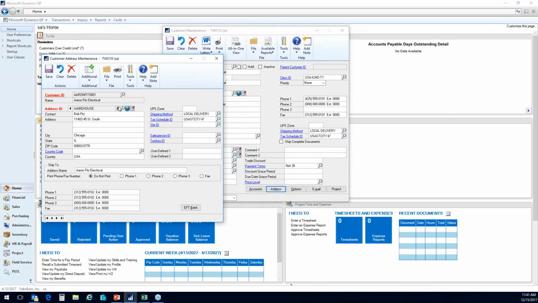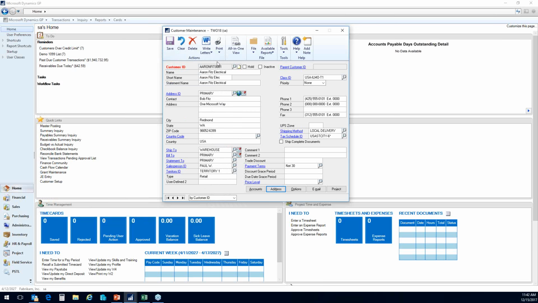Some customers have multiple addresses, so here's a primary address, and then here's a warehouse address. We can have unlimited addresses for each customer, and of course contact information, phone, fax, and so forth for a customer would be different if it's a different address.